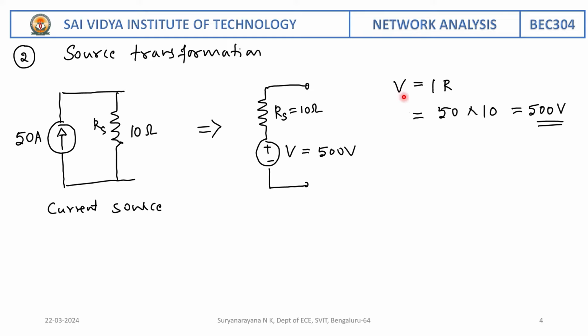Use the equation V is equal to IR in order to find the voltage here. So V is equal to 50 into 10, that is 500 volts. Write the Rs in series with the voltage source as shown.